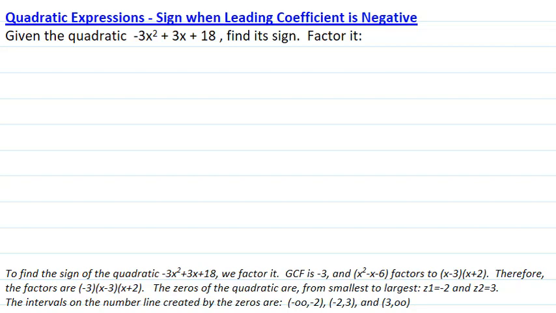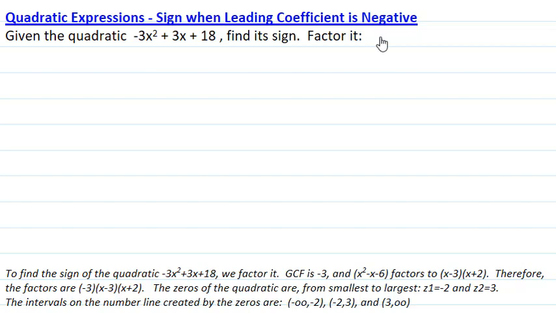We are trying to find the sign of a quadratic that has a negative leading coefficient. Given the quadratic negative 3x squared plus 3x plus 18, to find its sign we are going to factor it.